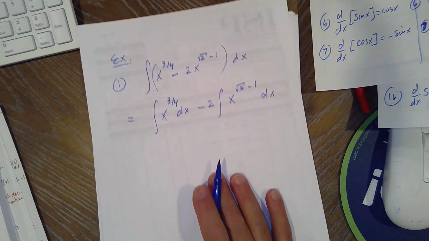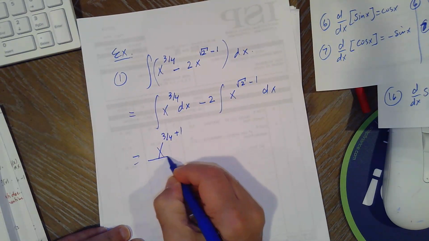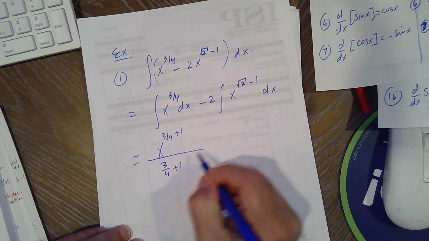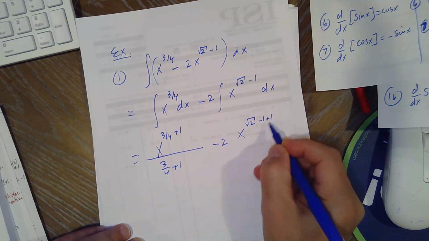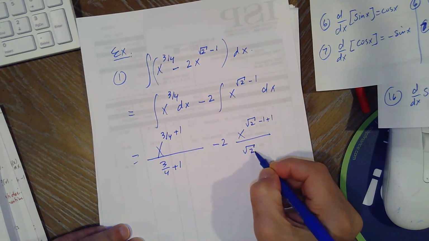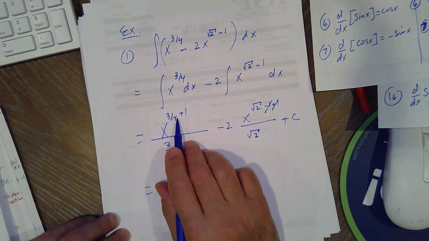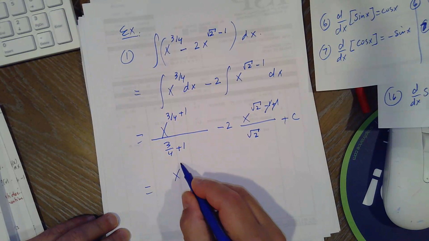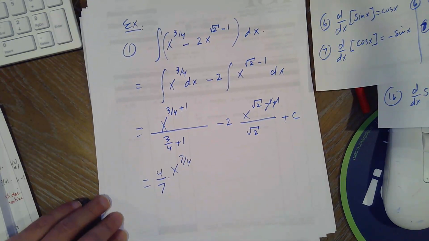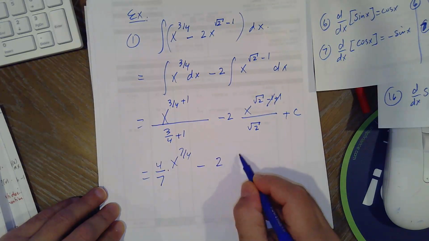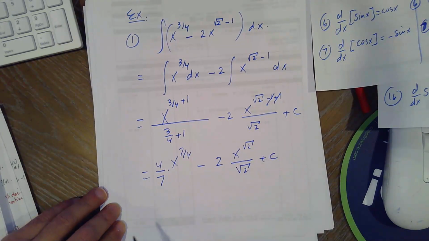Power rule says add 1 to the power and divide by the new power, minus 2, and then add 1 to the power, divide by the new power, which is root 2, as these cancel out, plus c. So this is 3/4 plus 4/4 is 7/4. We're going to divide by 7/4 or times by its reciprocal, it's easier. Minus 2x square root of 2 over square root of 2 plus c.